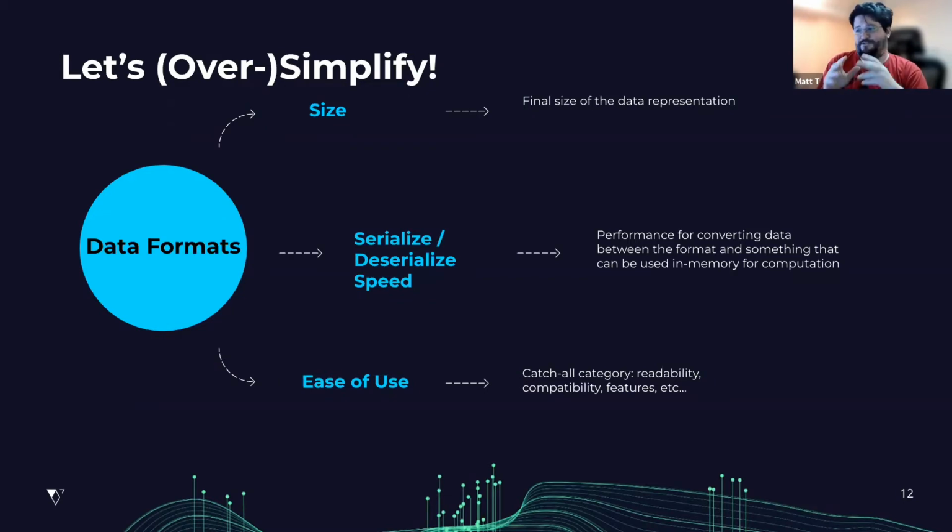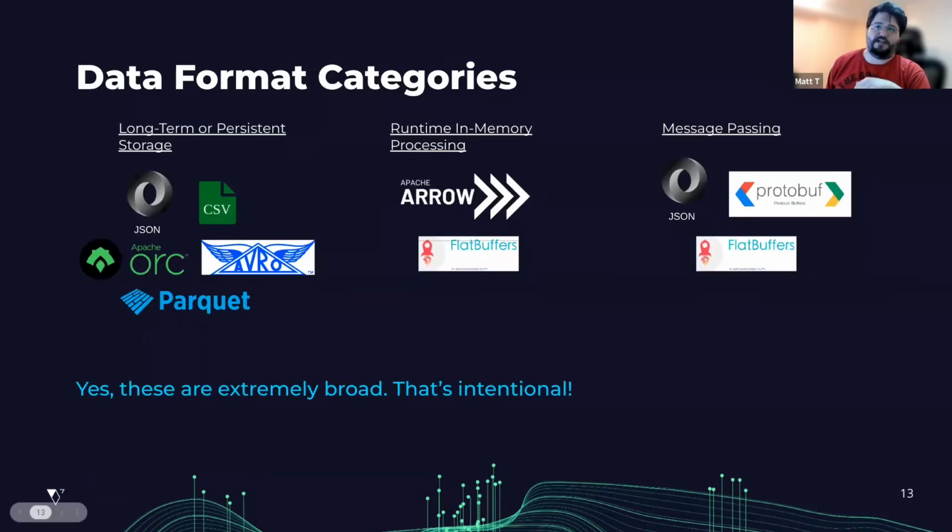Yes, these are very overly broad, but stay with me. Now, among the common data formats, I've kind of extremely broadly dropped these into three different ways of categorizing them. You've got your persistent storage, you've got your runtime in memory formats, and you've got your message passing formats.